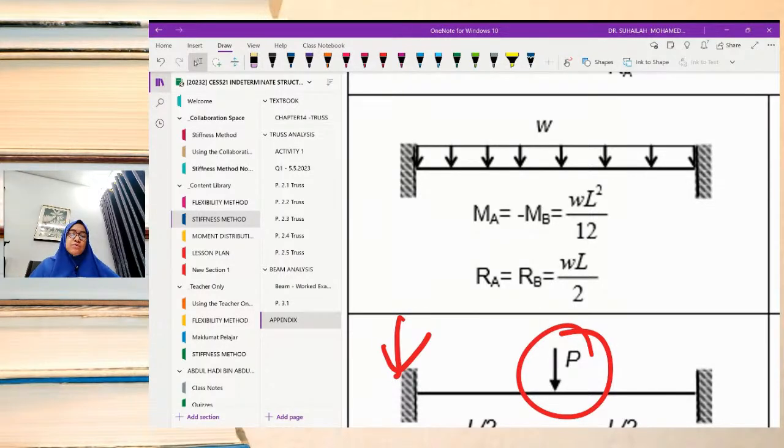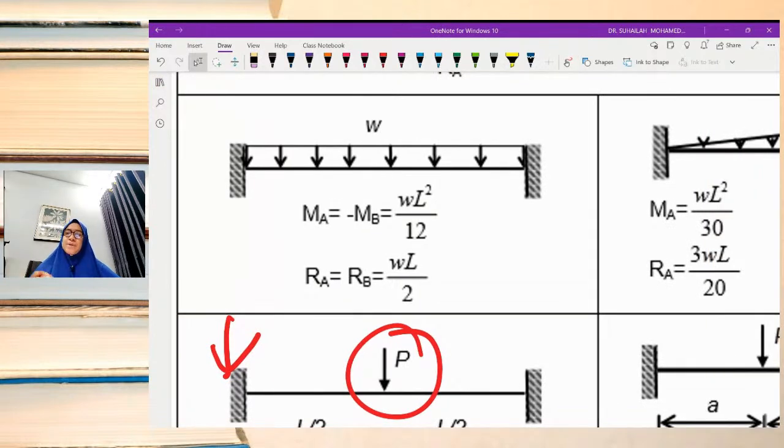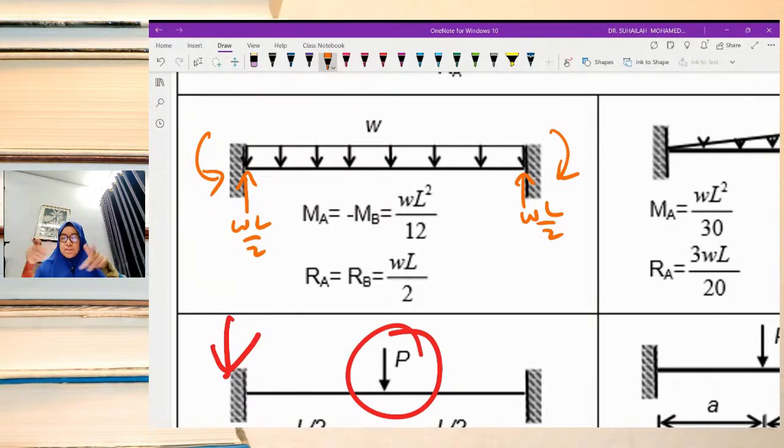For fixed end reaction, we have to assume that both ends are fixed, and due to the support, this W has to be balanced by WL over 2, and for the moment it will be acting like this, to counter back, because fixed end reaction is behavior.